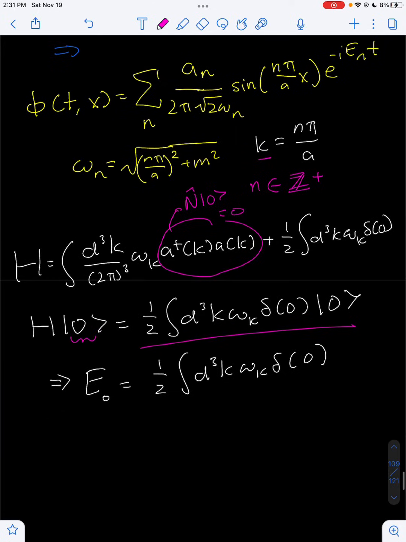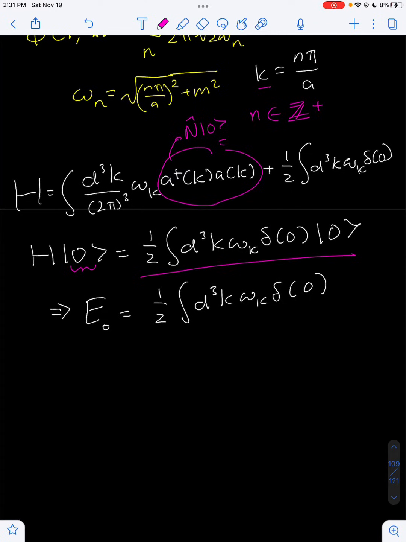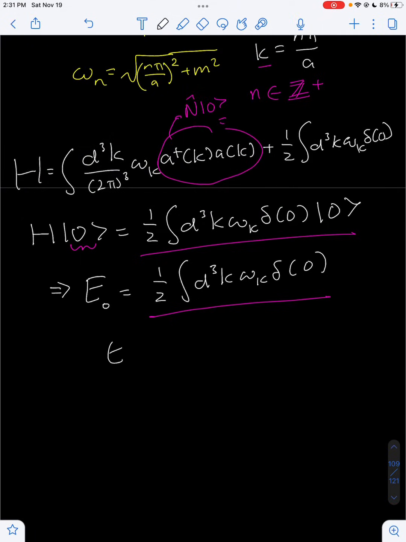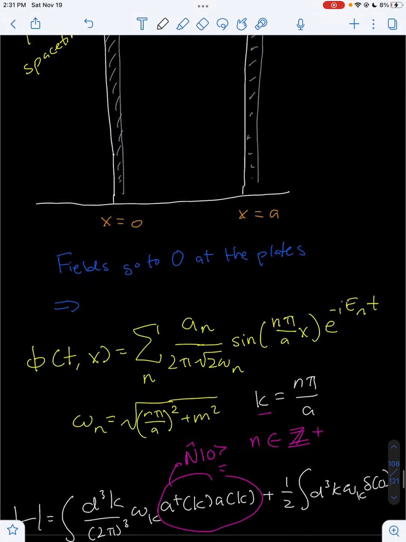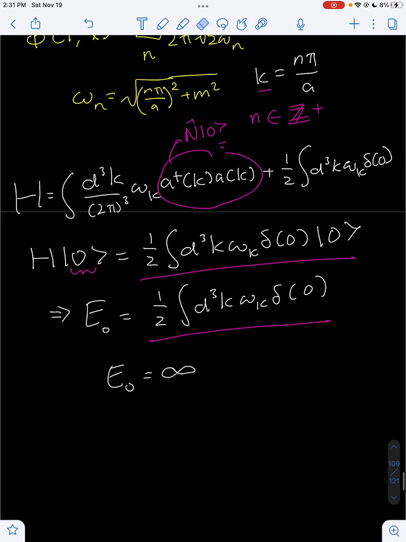So we are going to get this, which implies that the vacuum energy is 1/2 times the integral of this divergent thing. And like we've said before, this is going to be equal to infinity. That's a pretty big problem, but let's see if we can try to treat this infinity.